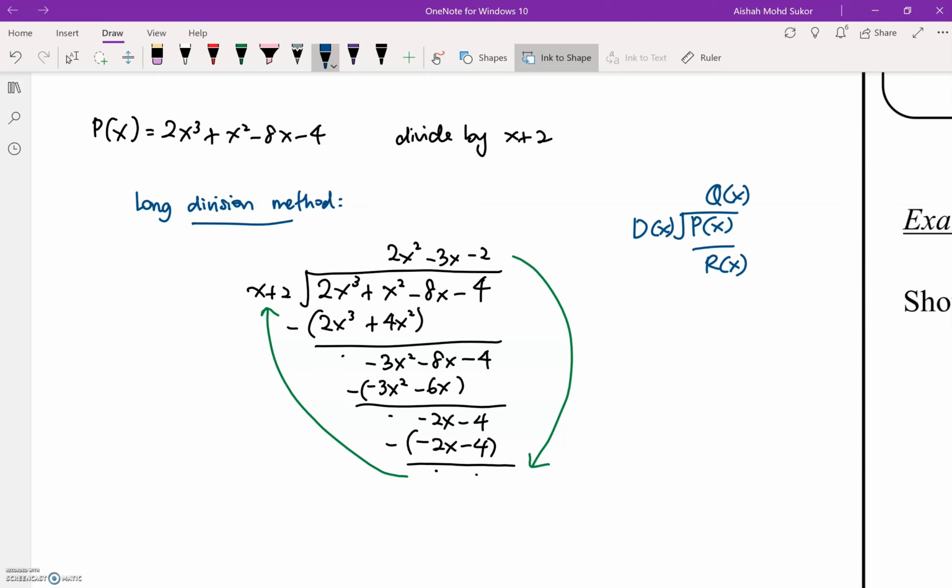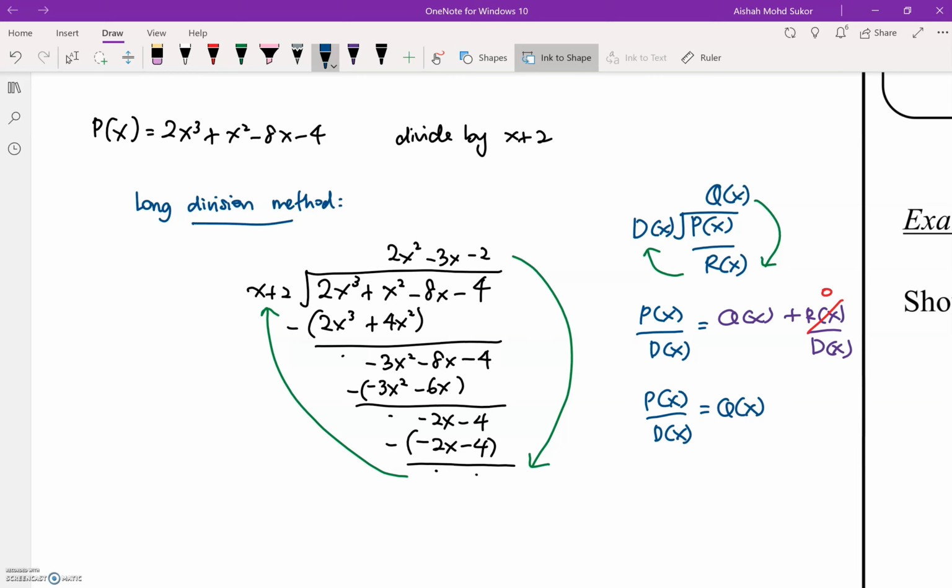So, if you have p(x) divided by d(x), it means that we will have q(x) plus r(x) over d(x). But when our remainder is 0, we end up with q(x). So to factorize p(x) completely, we will have p(x) equal to q(x) times d(x).